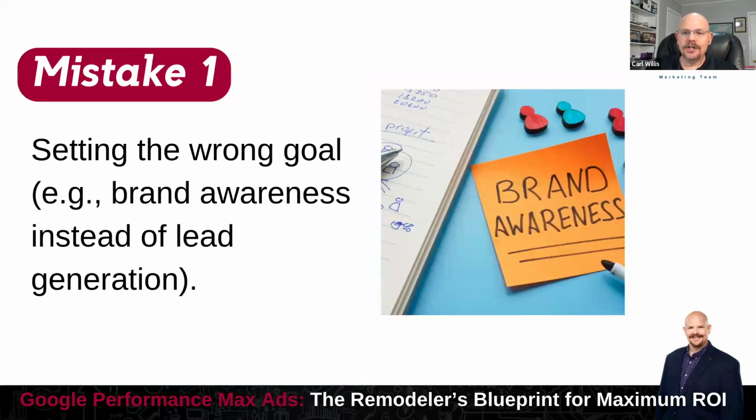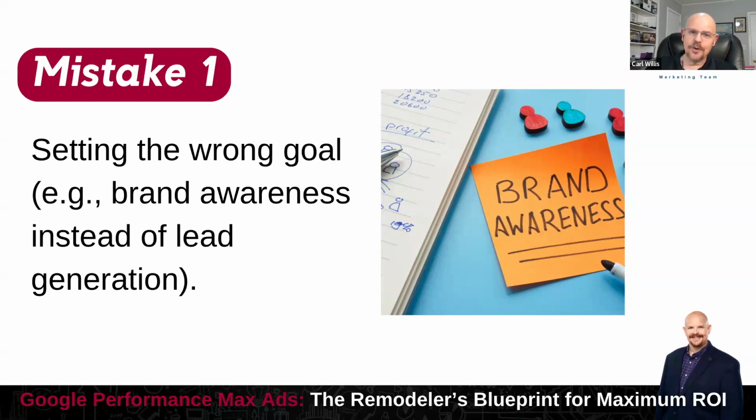Mistake number 1 is setting the wrong goal. So, for example, setting brand awareness instead of lead generation. Make sure you are setting the right goal, the right objective for what it is you're wanting to accomplish. So, if you're wanting to generate leads, make sure that is the objective that has been set for your campaign.